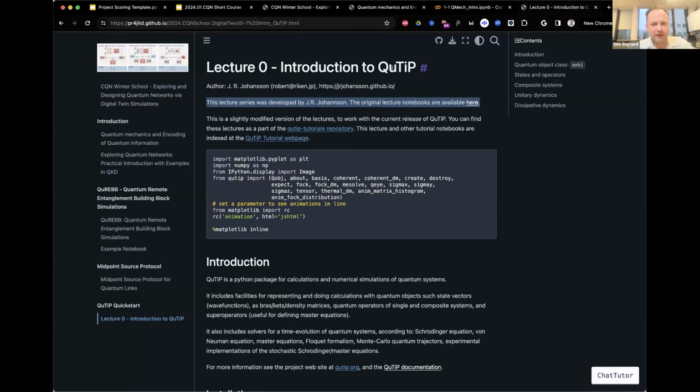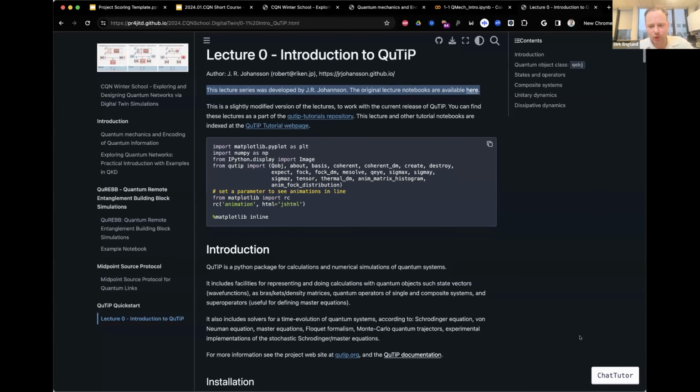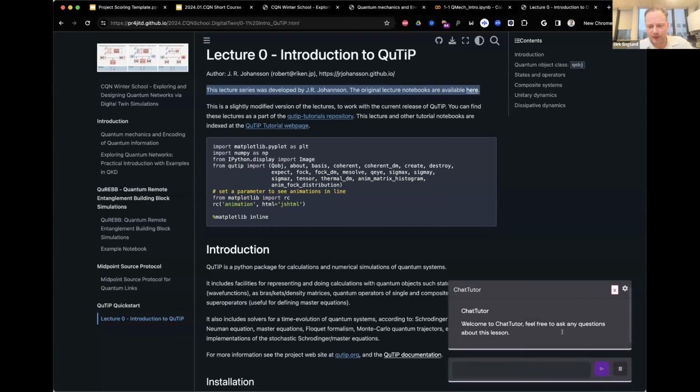QuTiP is a Python package developed specifically for running quantum mechanics experiments or simulations, and we in particular will use it for our example code later on in this course. If you know Python, this is basically an extension of Python. And if you don't know Python, you'll be able to ask this chat tutor right here at the lower right-hand side for help.